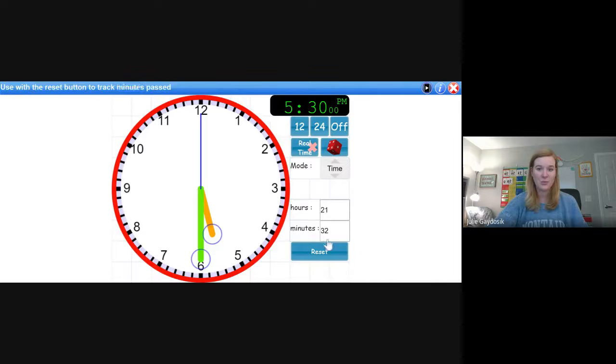It says I've been 21 hours and 32 minutes because what you could do is you could literally find the time right now. So the time right now is actually almost 5:30 p.m. So if I reset it here, I could keep practicing as I'm going around the clock. There's 6 o'clock, that's 30 minutes. If I go to 6:30, that's now an hour, okay?